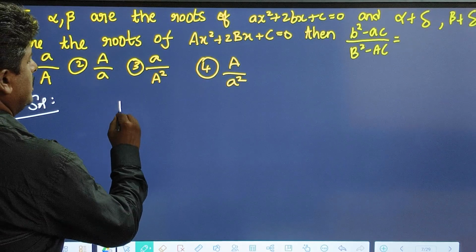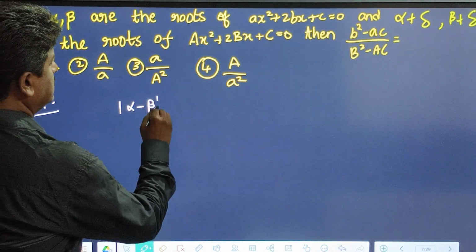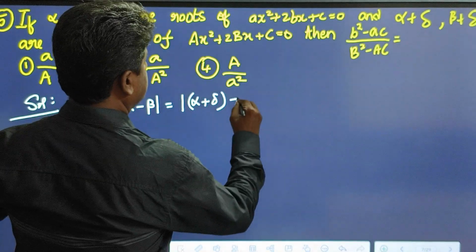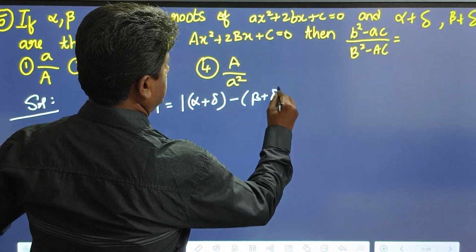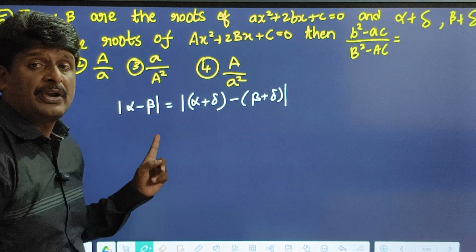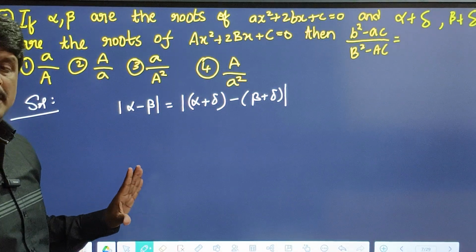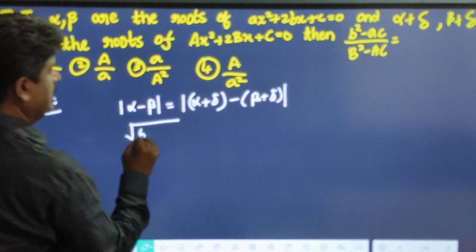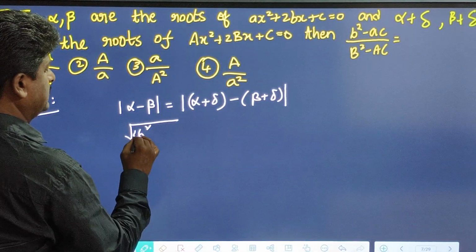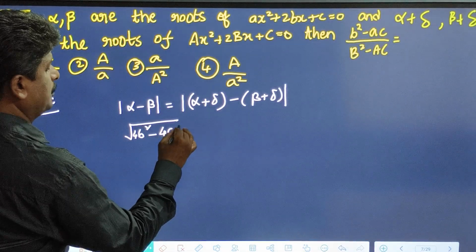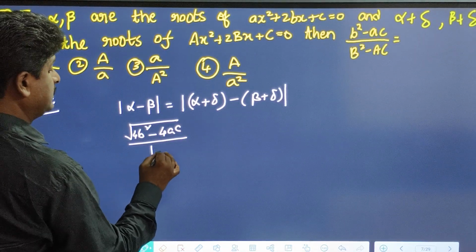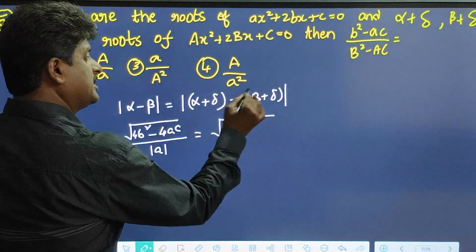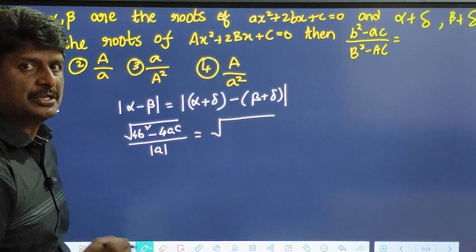Very clear, modulus of alpha minus beta is equal to modulus of (alpha plus delta) minus (beta plus delta). Modulus of alpha minus beta stands for the difference of the roots. Difference of the roots of the first equation will be root of (4b square minus 4ac) by modulus a. Right side, of course, delta gets cancelled, it is also equal to modulus of alpha minus beta.